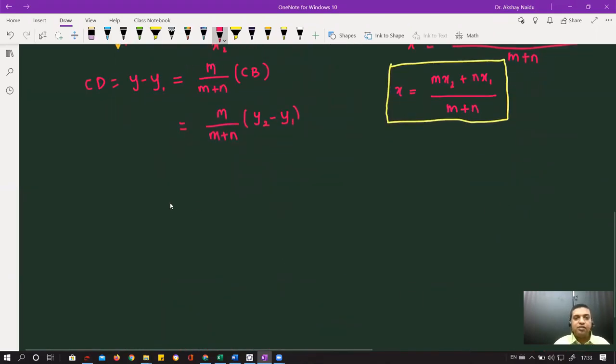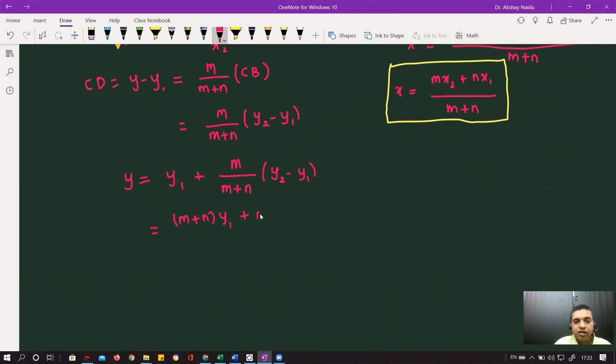All right. So now you simplify. From here, y will be equal to y1 plus m by m plus n times y2 minus y1. I'll write this as m plus n times y1 plus m into y2 minus y1 by m plus n.